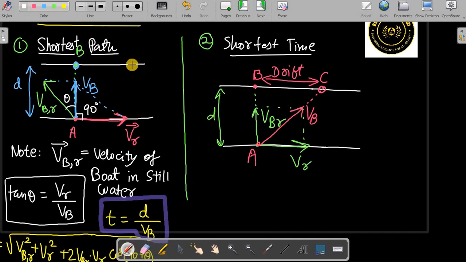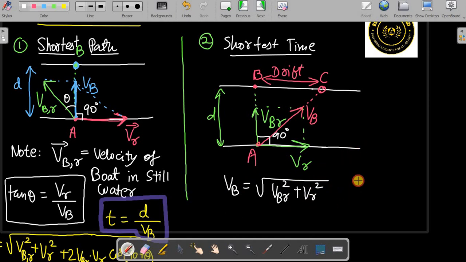Of course here we should note that the angle is 90 degrees in total. So this is VBR and this is VR, the angle between them is 90 degrees, right? So what is VB here? VB is root under VBR square plus VR square.